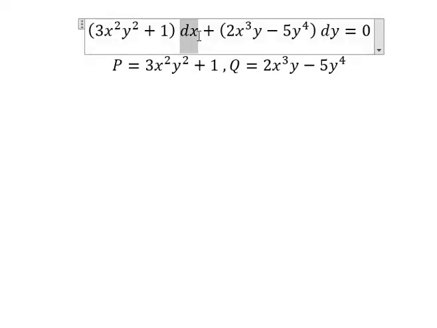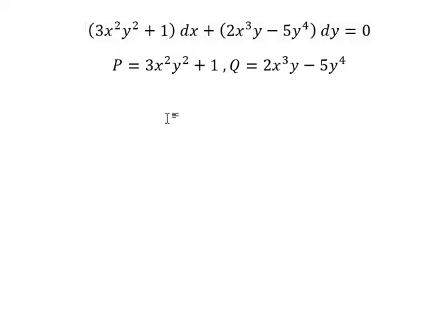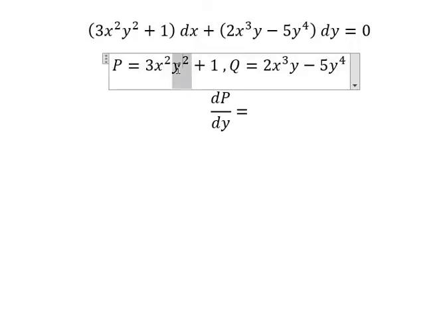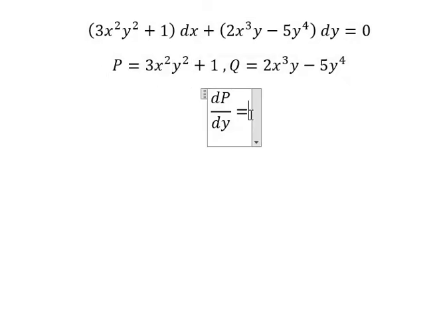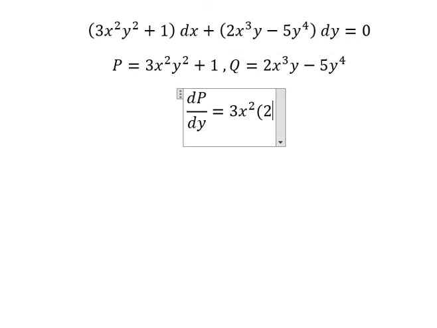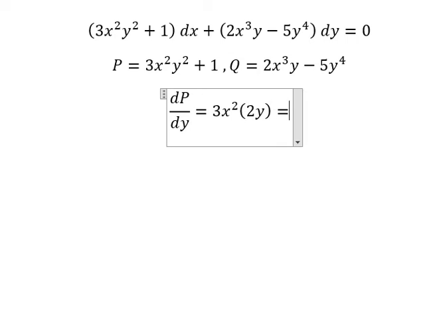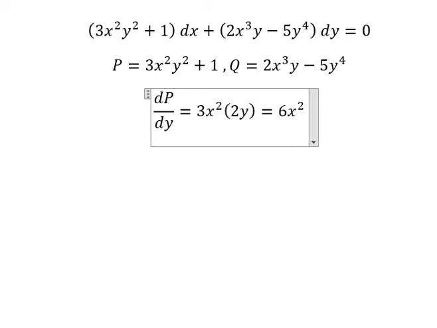So we have ds, that means we need to do first the derivative of b with respect to y. So for this one we have 2y and we have 6s squared y.